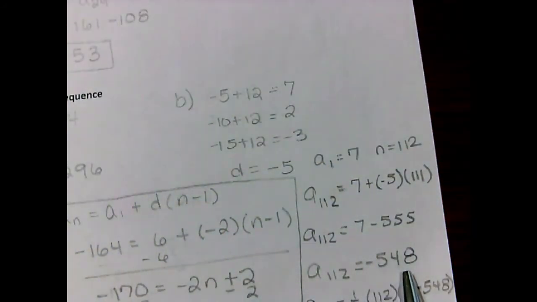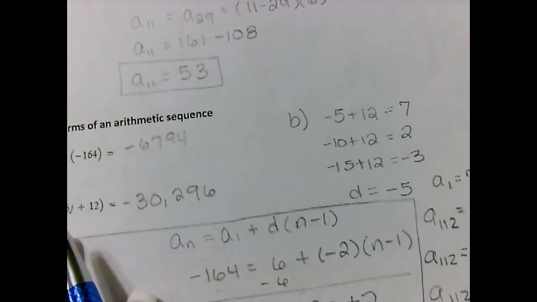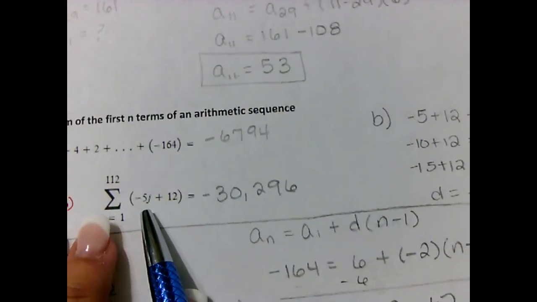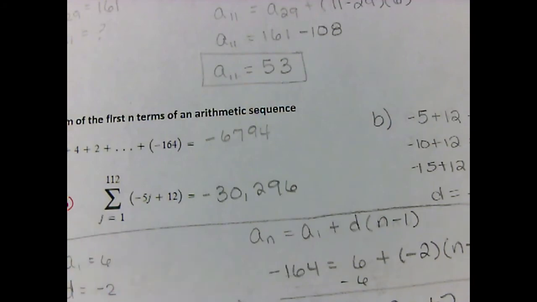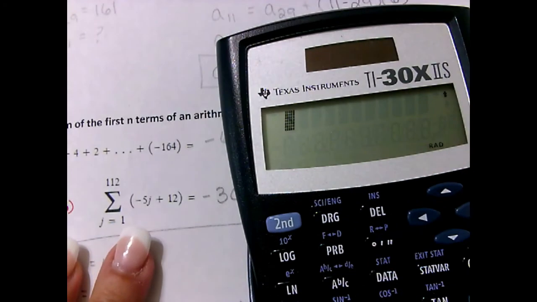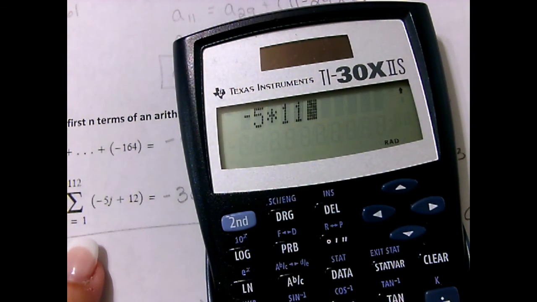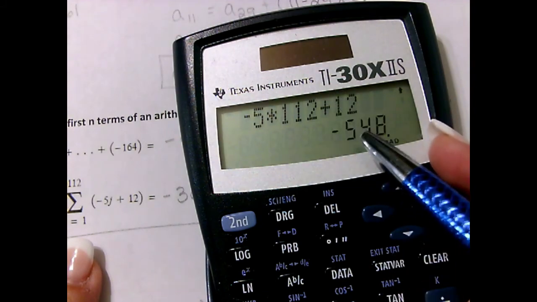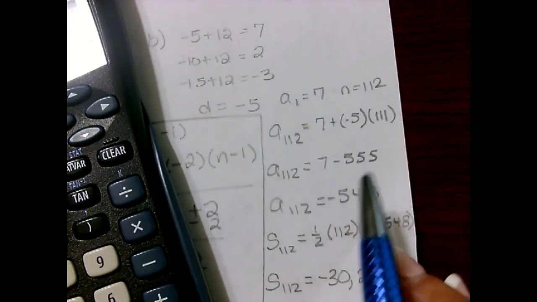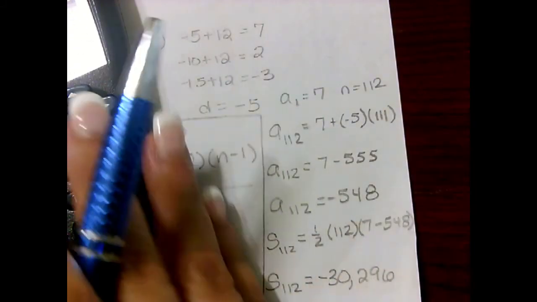You could also just plug in the 112 in for j. Let me go ahead and do that in the calculator, show you it comes out to the same answer. So I have negative 5 times the 112 plus 12, okay, and you get the negative 548. So either way that you do this, it will be correct, okay.